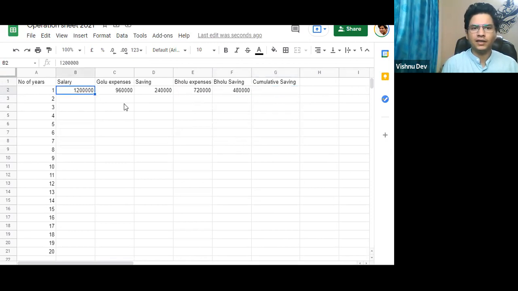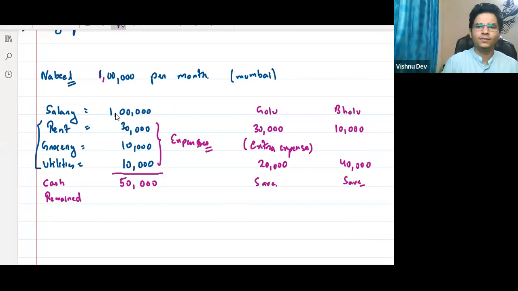Now, suppose Golu's current age is 25 years. And both Golu and Golu want to retire early. Both of them want to work till 45 years of age. They don't want to work throughout their life.